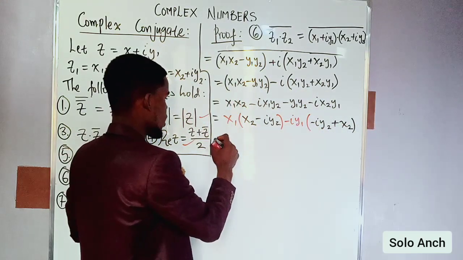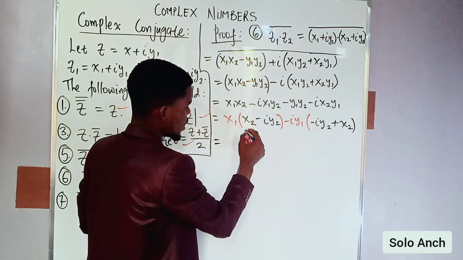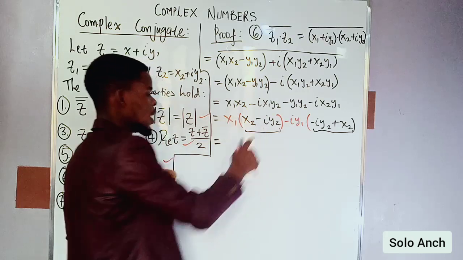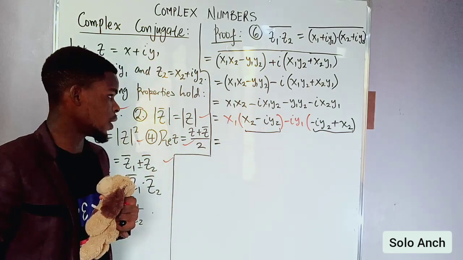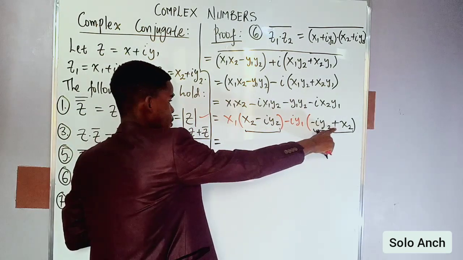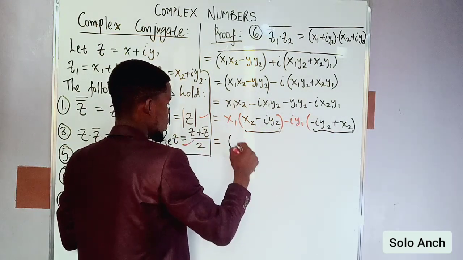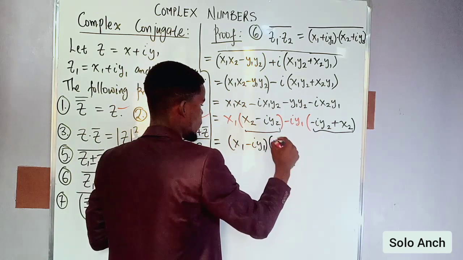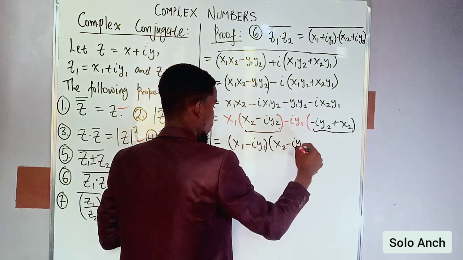So you notice that inside this bracket, this part and this part are exactly the same. This is x2 minus i y2. This is x2 minus i y2 as well. So we're going to factor out the common factor. We'll be left with x1 minus i y1, multiplied by x2 minus i y2.